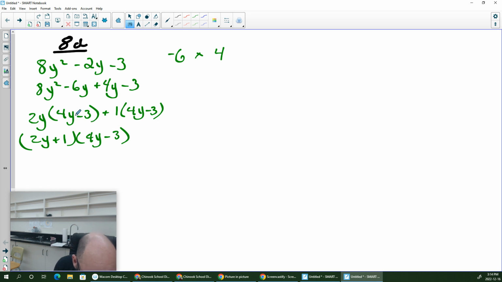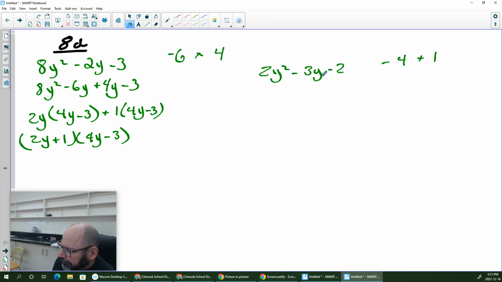Now, the other one that I'm going to factor out is the 2y squared minus 3y minus 2. So 2y squared minus 3y minus 2. It has to multiply to negative 4 and add to negative 3. So that's going to be negative 4 and plus 1. That's going to add to negative 3 and multiply to negative 4.